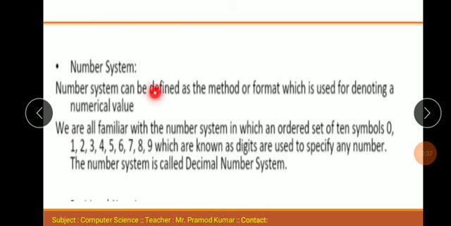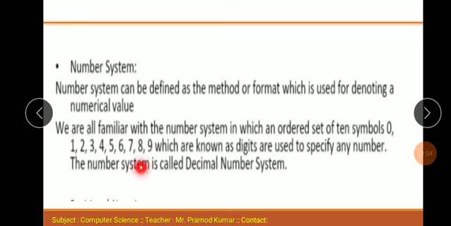A number system can be defined as the method or format which is used for denoting a numerical value. We are all familiar with the number system in which an ordered set of 10 symbols, 0, 1, 2, 3, 4, 5, 6, 7, 8 and 9, which are known as digits, are used to specify any number.